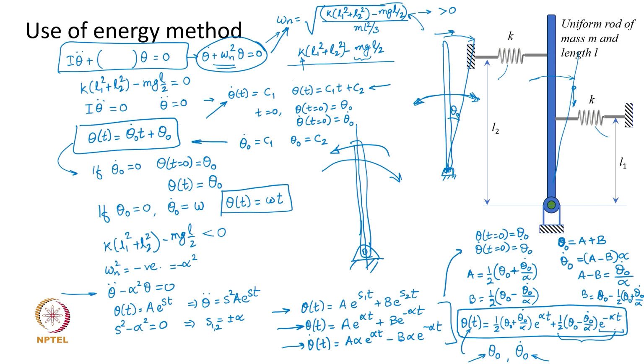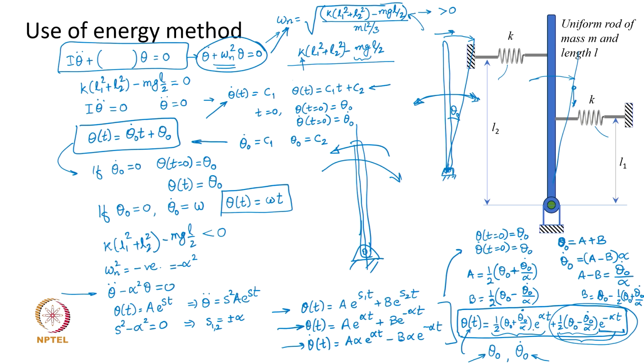As t progresses, this multiplying term reduces with time, and therefore, no matter what the amplitude turns out to be, positive or negative, this response is going to become 0 as time progresses. So, there is no problem from the second term actually, but the first term here, depending upon the value of initial displacement or initial velocity, even if one of them is there or both of them are there, the response is going to grow.